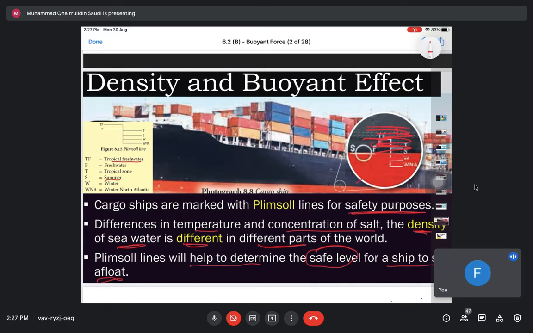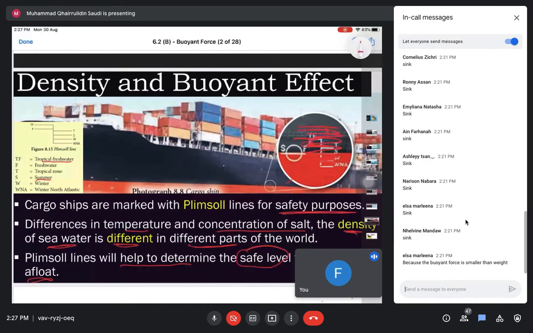Do you understand what I'm saying? Do you have any questions about buoyant force? So everyone understands about buoyant effect, buoyant force, and density?